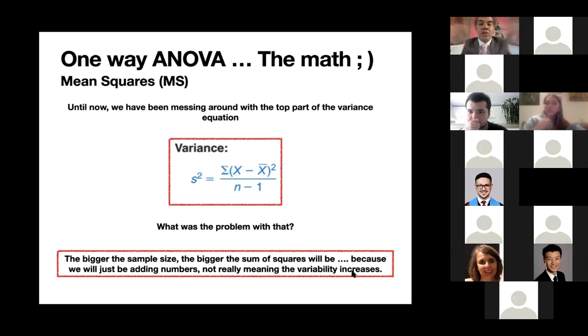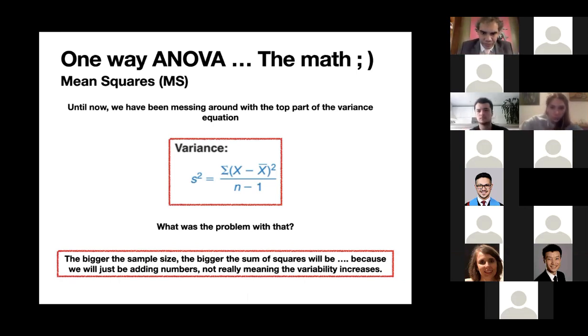We will be dividing our total sum of squares, our between group sum of squares, and our within group sum of squares by our degrees of freedom. That's very easy. They put me here, I didn't understand within groups. Within groups is only the variability within each group.